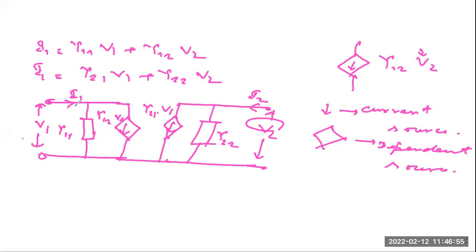Similarly, how are we drawing this particular circuit? You see, this I1 equal to Y11 into V1. So Y11 admittance into voltage. What is admittance into voltage equal to? Please tell me.